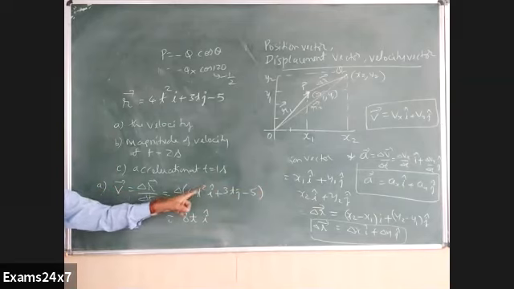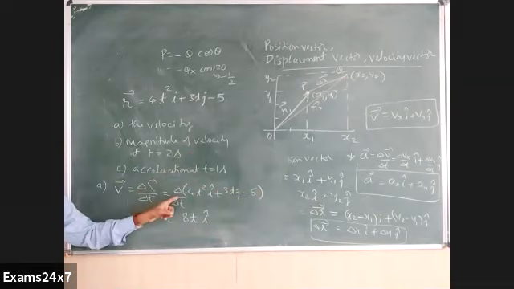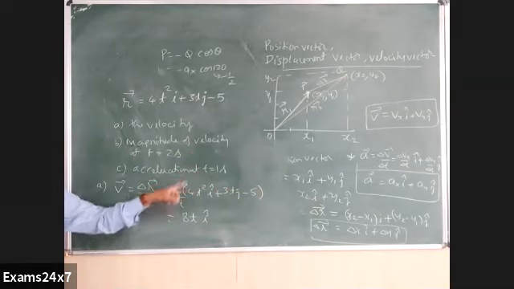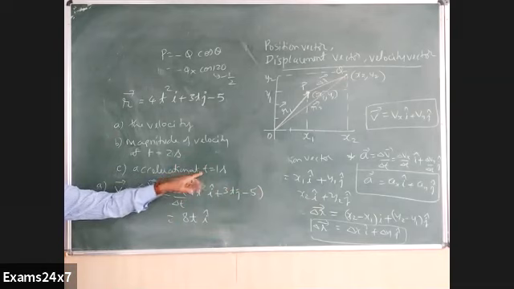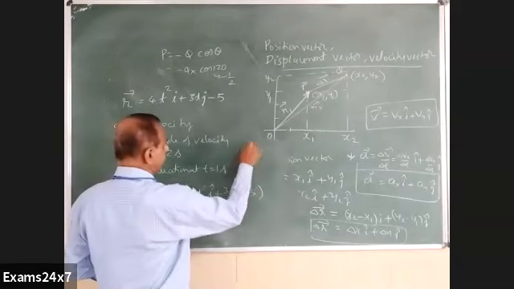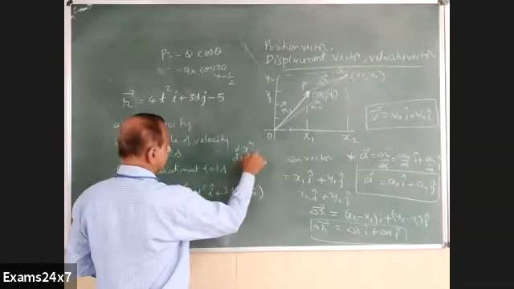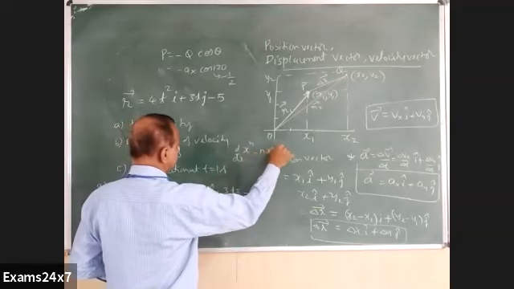X power n derivative is n into x power n minus 1. Hope it's clear?